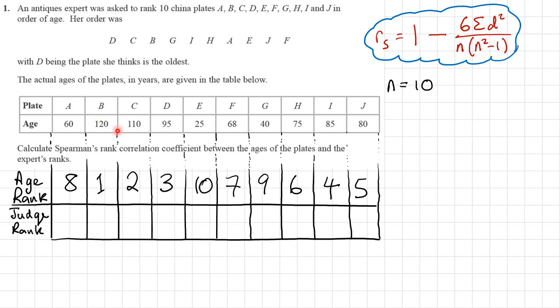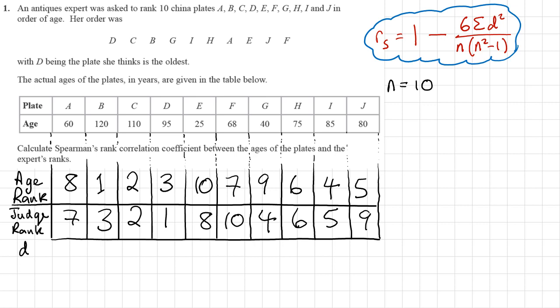Then I'm going to do the judge's rank. So number 1 was D, and then C, then B, then G is number 4, I is 5, H is 6, A 7, E 8, J 9 and F 10.